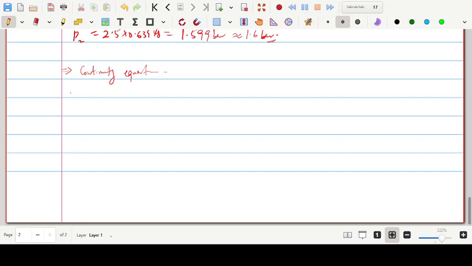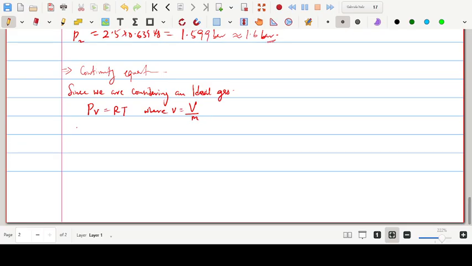So here now, since we are considering an ideal gas, like I said earlier, PV is equals to RT, where v is equals to V over m. You understand? Okay.